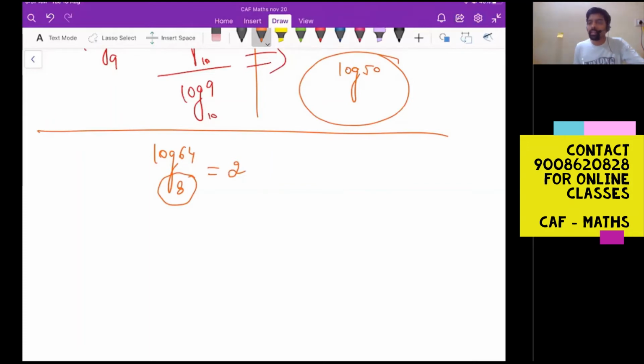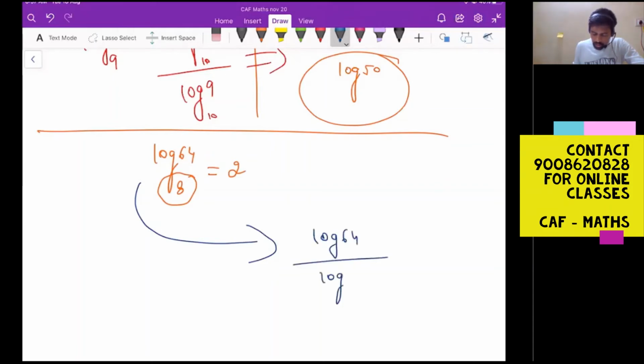So now what is the base here? 8. So this is neither common logarithm nor Neperian logarithm. Now tell me how to convert this into common logarithms. Write log 64 in the numerator, log 8 in the denominator. Got it?